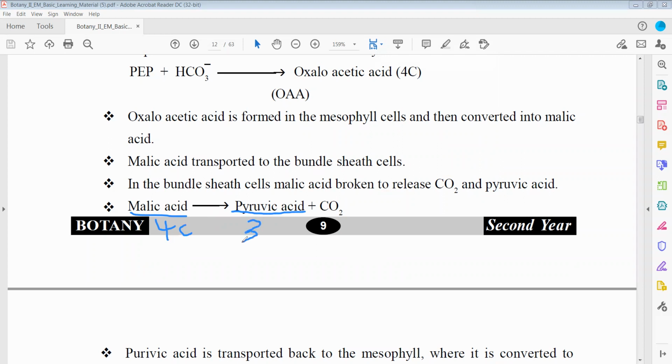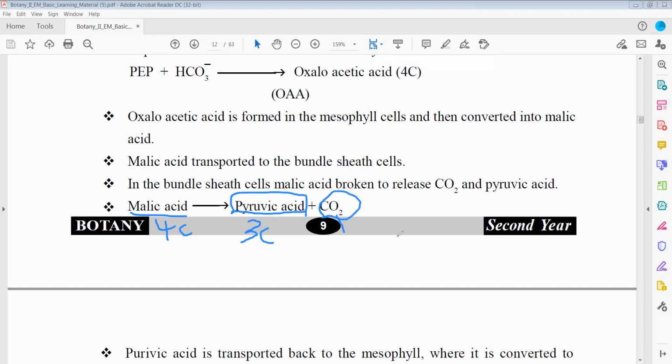One is a 3-carbon compound called pyruvic acid, and one is carbon dioxide, 1 carbon. So the 4-carbon compound is divided into a 3-carbon compound and a 1-carbon compound. The 3-carbon compound is called pyruvic acid. The 1-carbon compound is carbon dioxide.